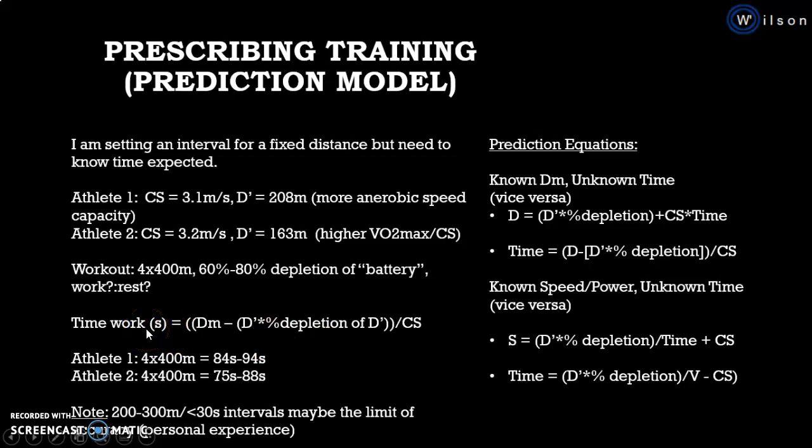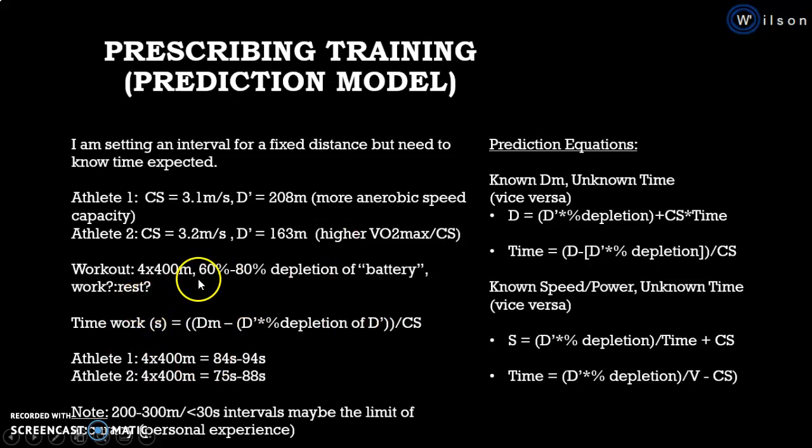I'm just taking this equation and applying it to the information that I have up here. As you can see, the time that the person should come in at 400 meters would be the distance, which would be 400 meters, minus D prime multiplied by the depletion of D prime I want, which is 60 to 80%, and then all divided by critical speed.